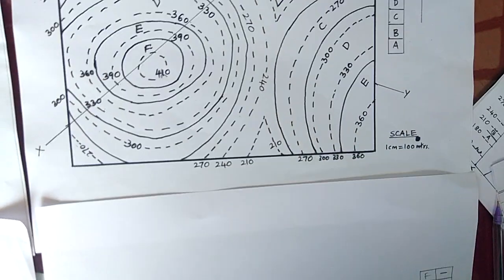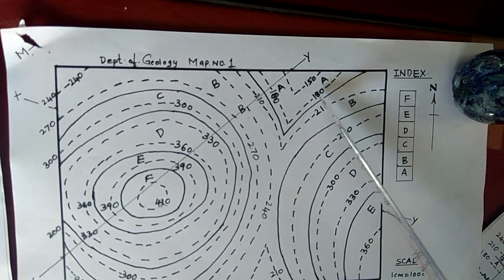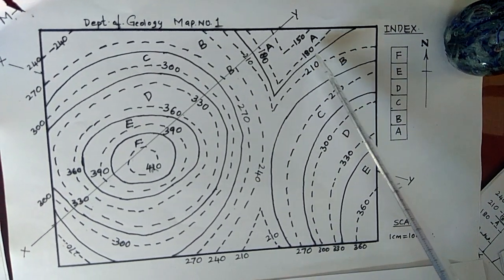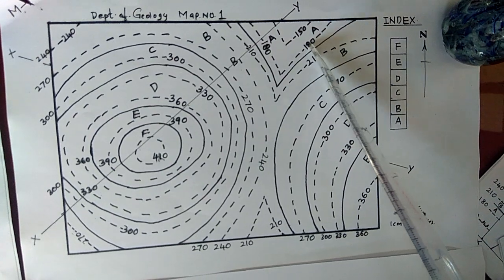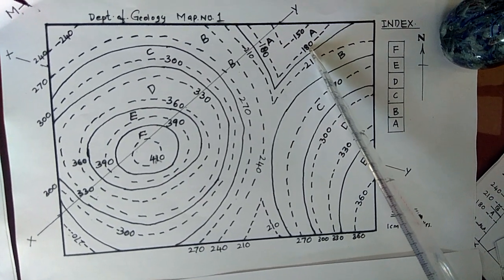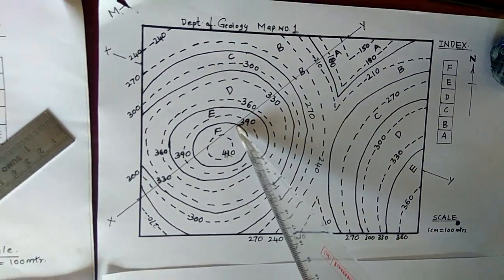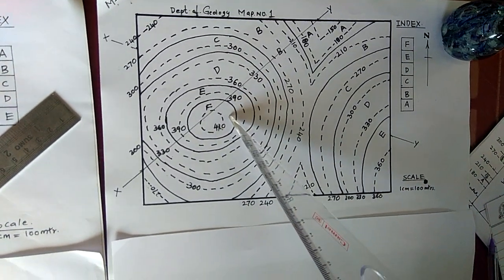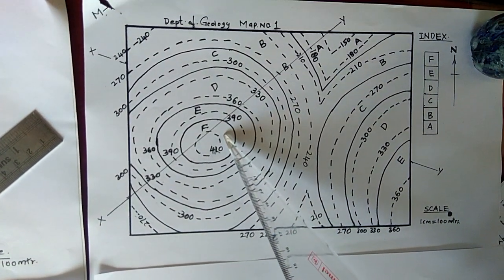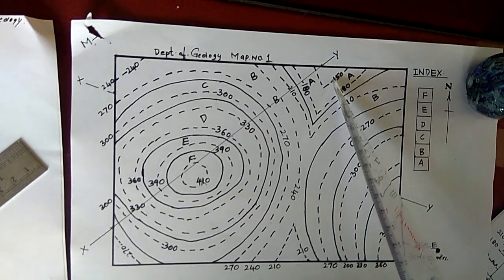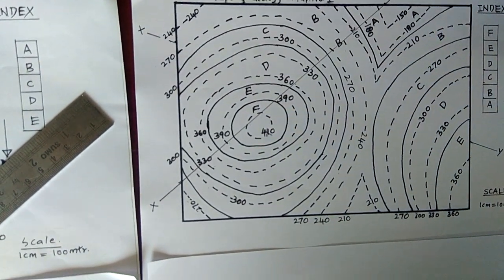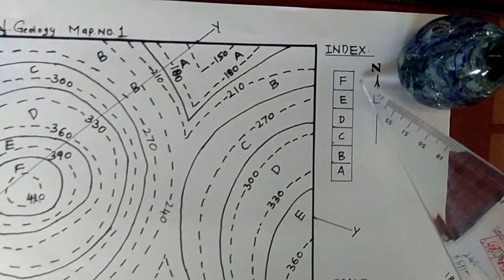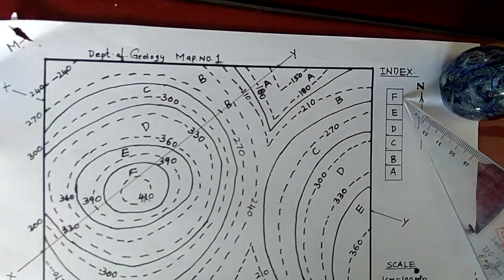It is because it is situated in between 210 meters and 180 meters. It means it is deposited 180 meters height from the mean sea level, whereas F bed is deposited 420 meters height from the mean sea level. Quite naturally, at the bottom we are getting the oldest beds, at the top we are getting the youngest beds. Hence A is the oldest, F is the youngest, friends.